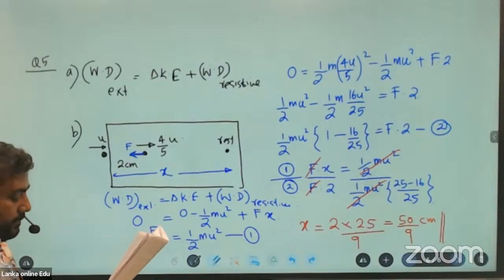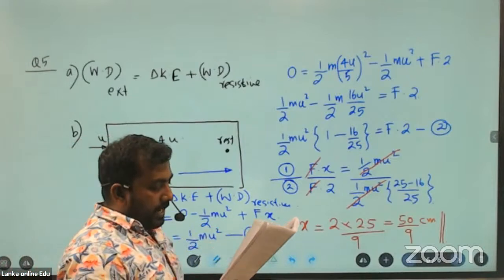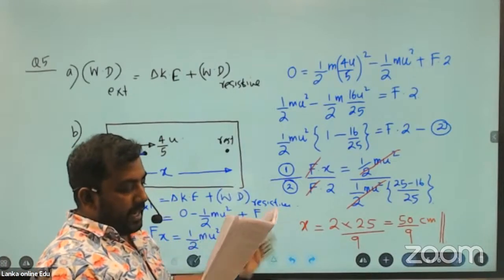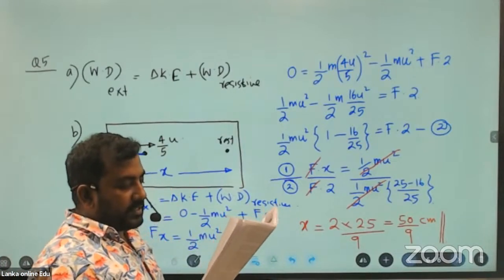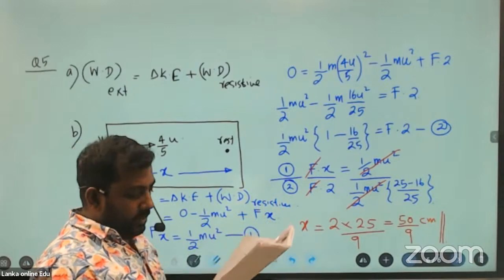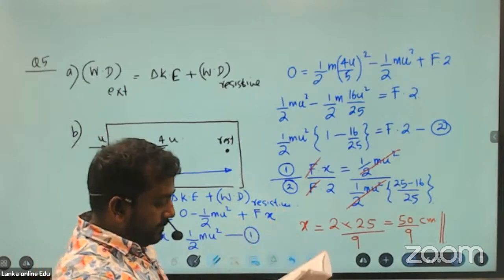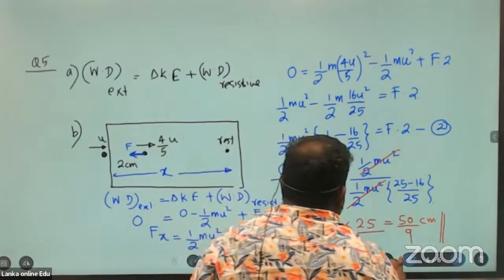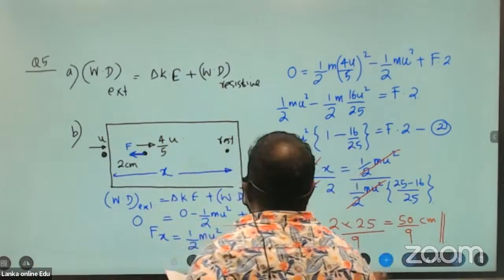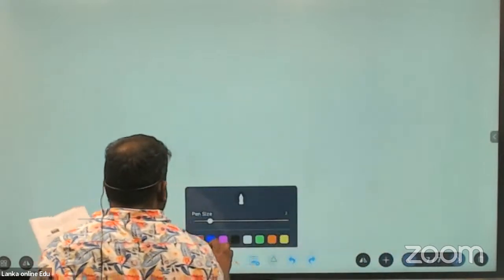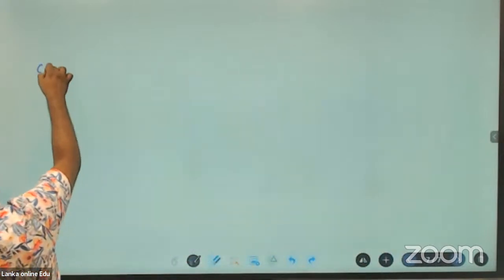Part C. A child of mass 25 kilograms slides from A to B with a speed of 4 meters per second on a slide. Calculate the work done to overcome friction.